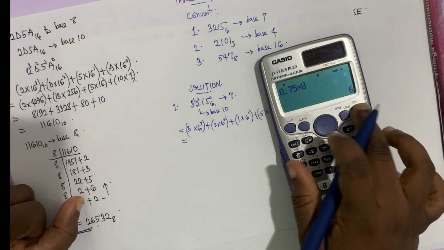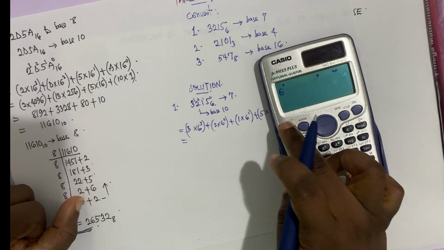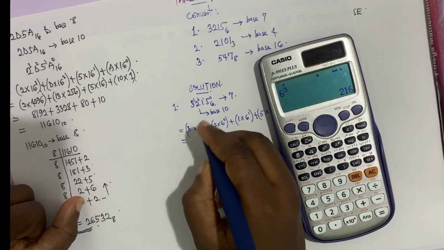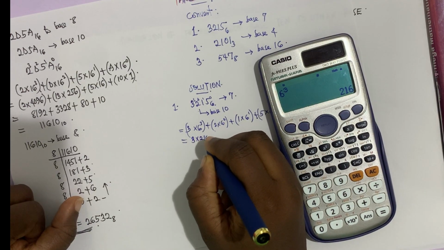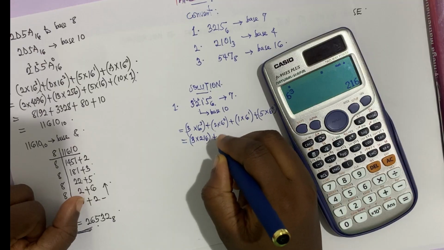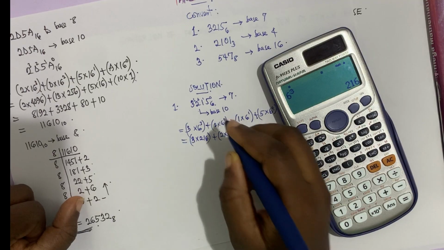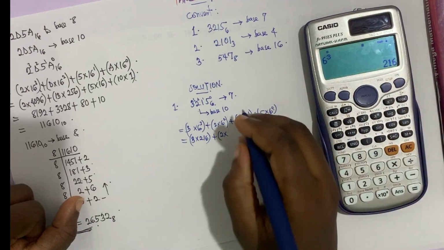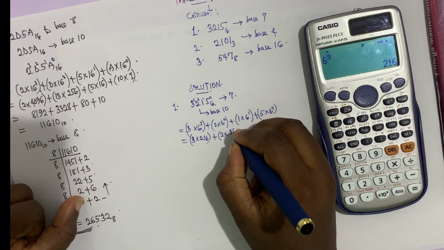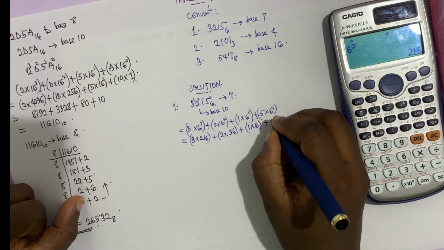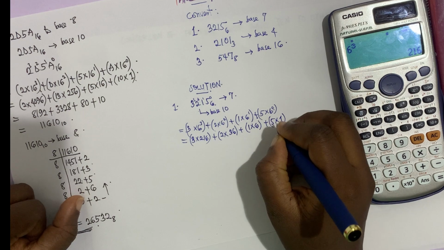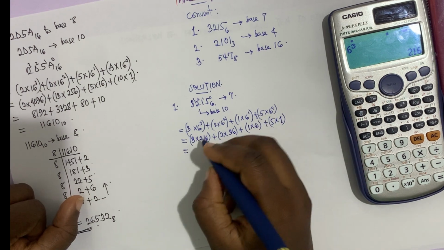So 6 to the power of 3 gives us 216. This becomes 3 times 216, plus 2 times 6 squared, which is not 12, it is 36, plus 1 times 6, plus 5 times 1, because anything raised to the power 0 gives us 1.